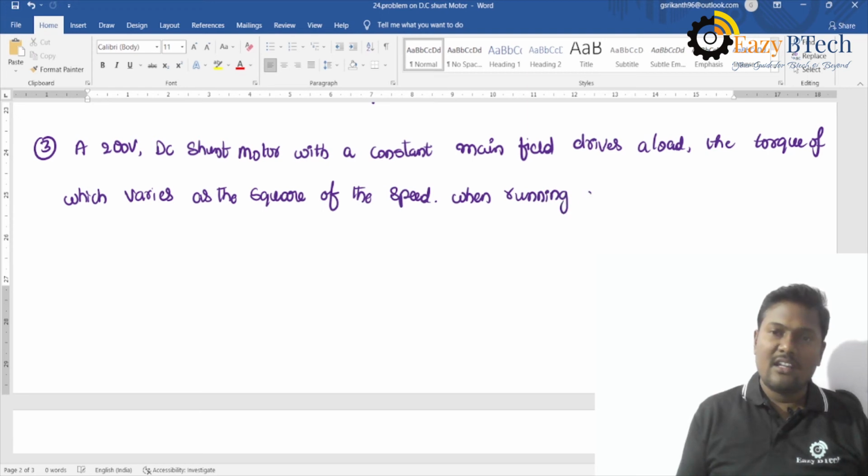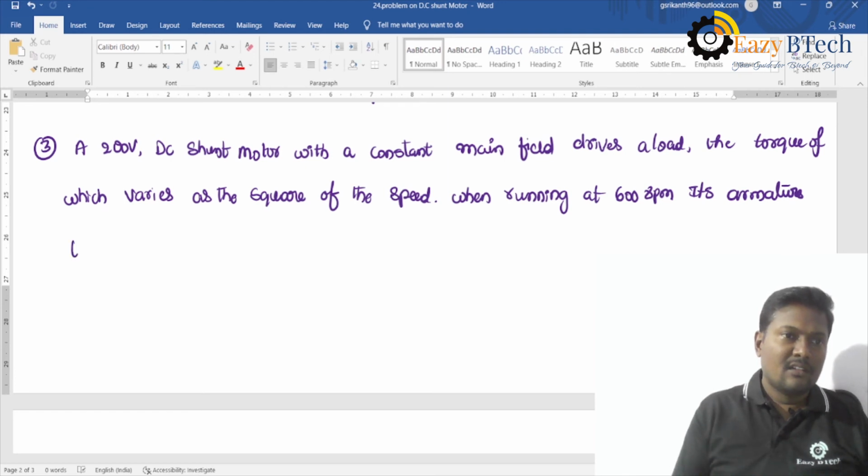When running at 600 rpm, its armature takes 30 amperes.